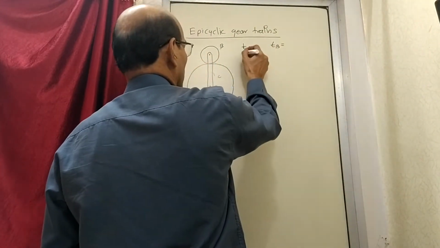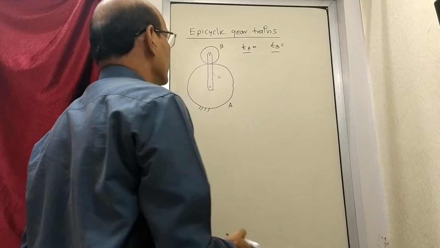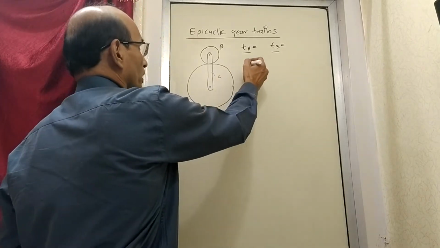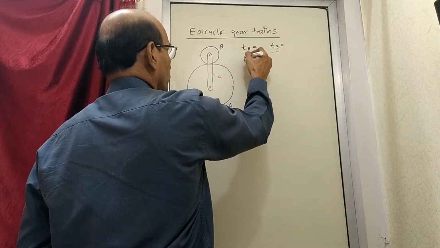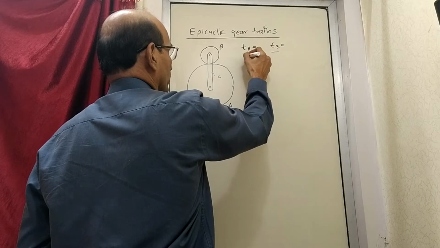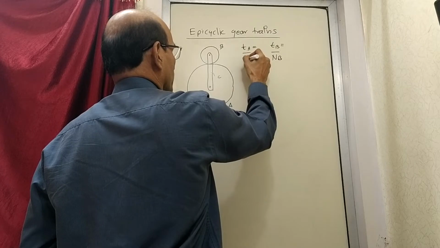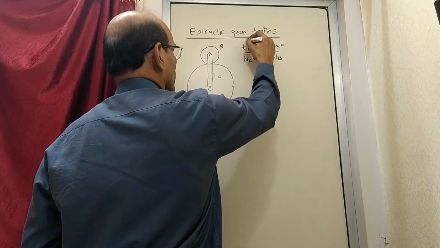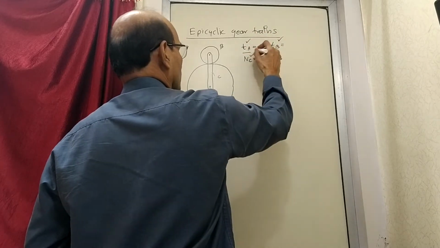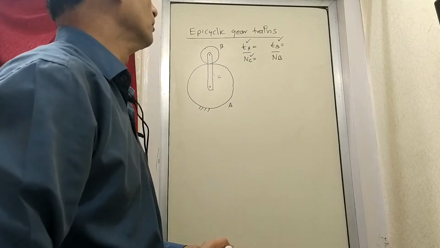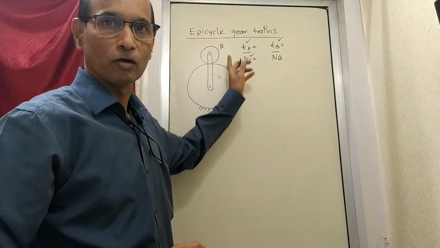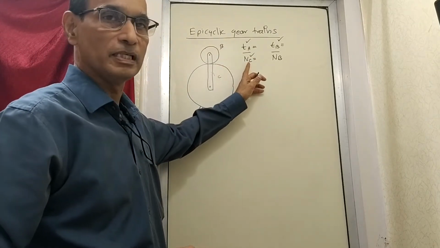Let's say for the time being, let us call them TA and TB. Then what we are going to do is find out the speed of B if the speed of C is given. So you are given the teeth of B, the teeth of A, and the speed of C, that is the arm.